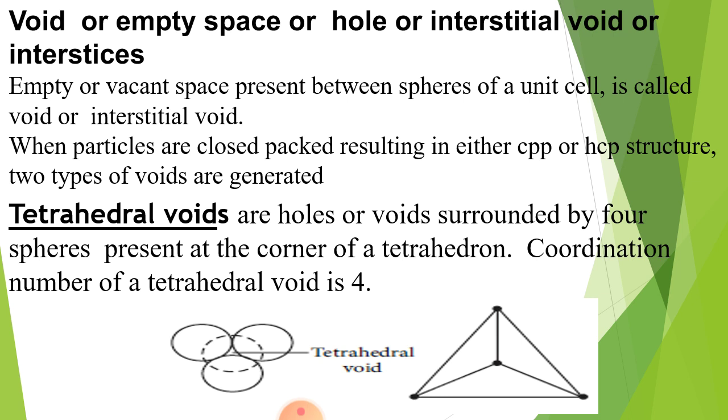Now, tetrahedral voids. These voids are holes or voids surrounded by 4 spheres at the corners of a tetrahedron. That's why the void is known as a tetrahedral void. Look at the diagram.